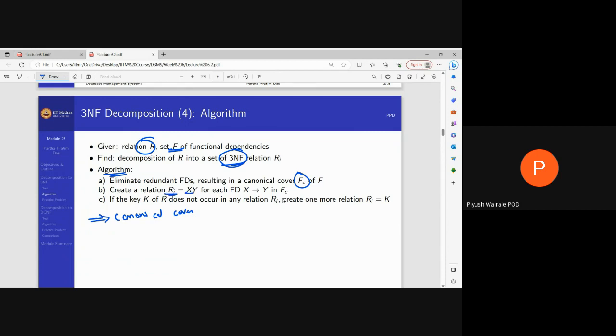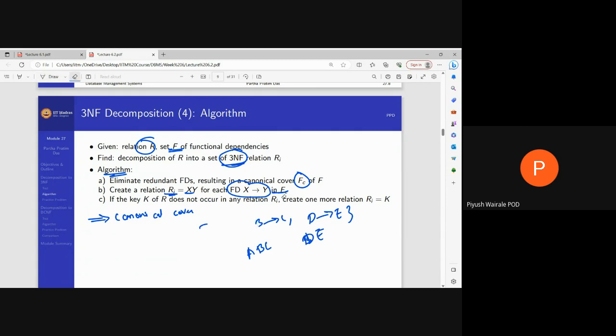Say AB determines C, then D determines E, like this. If this is a canonical cover, simply make these tables, AB C, DE, like this. That will give us the 3NF condition, right? But what is canonical cover?